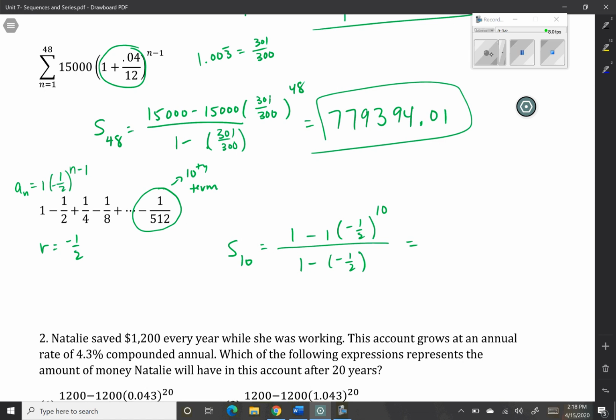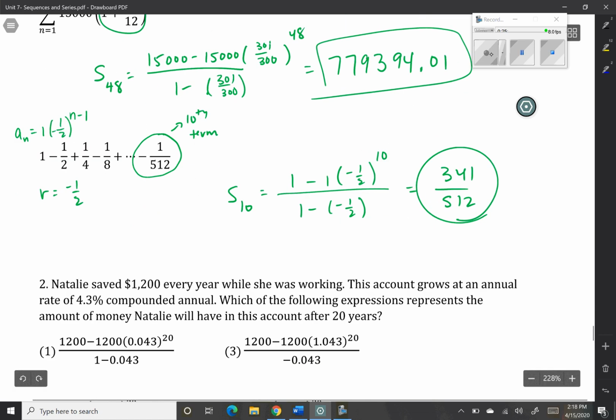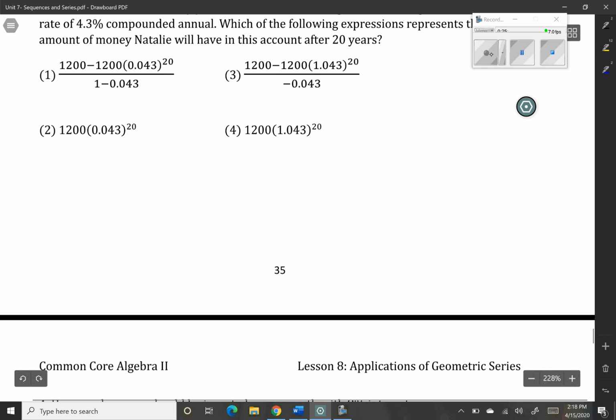And we wind up getting a decimal, which changes to a fraction of 341 over 512. The decimal is 0.66601. I don't like to write 0.66 down. That's just not right. So let's take a look at a multiple choice question.